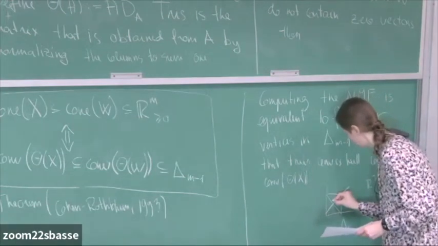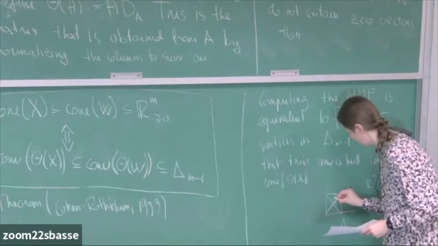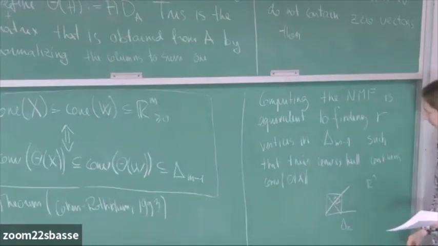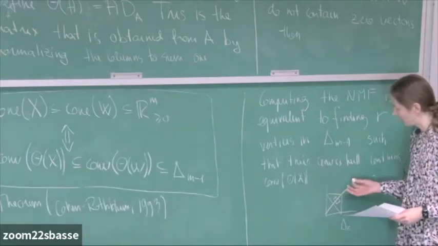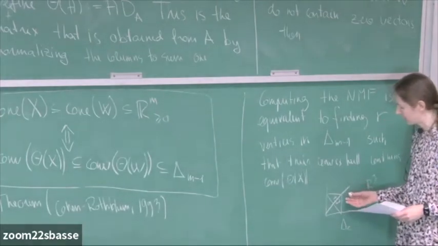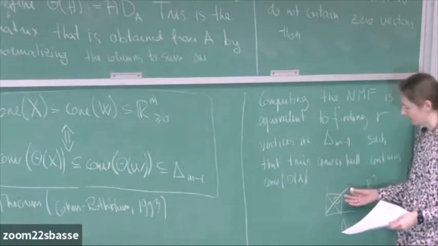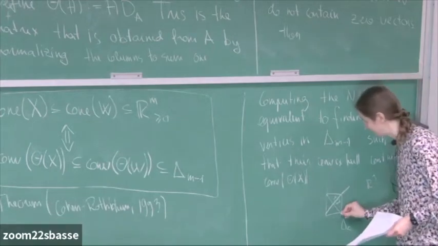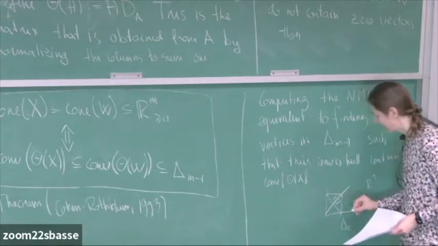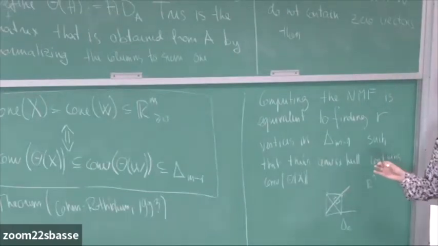Let's say the convex hull of X is a quadrangle. This means we're looking for 3 vertices that contain a quadrangle. Of course, this example is not so interesting because we could just take the 3 vertices to be these vertices. The problem is that I can't right now draw higher dimensional examples.